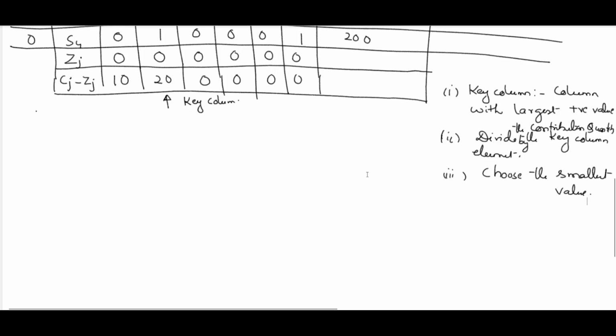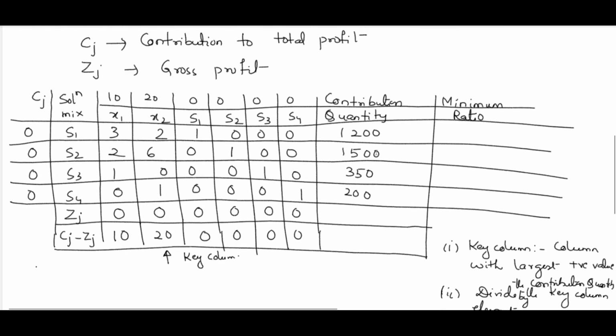Let's do it now. We compute the minimum ratio. 1200 divided by 2, it is 600. Next 1500 divided by 6, it is 250.